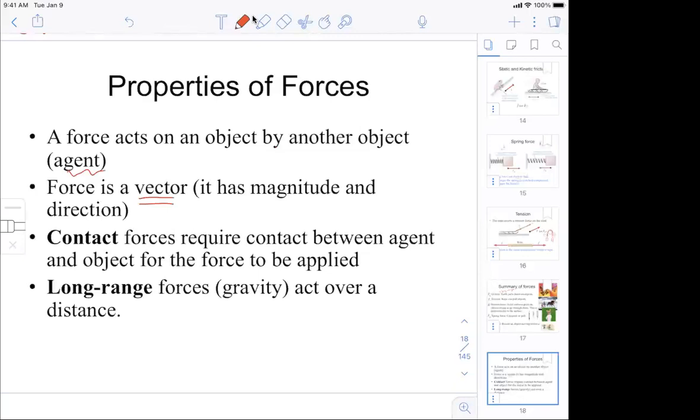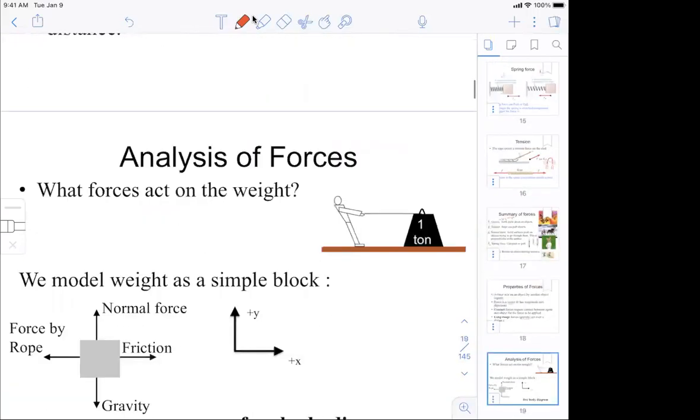If the rope doesn't touch an object, you cannot exert force. Long range forces act over a distance. In our course, we only care about gravity. Later on, in the second semester of intro physics, you will do electric and magnetic forces. Those are long range forces as well. But in 1510 it is only gravity.